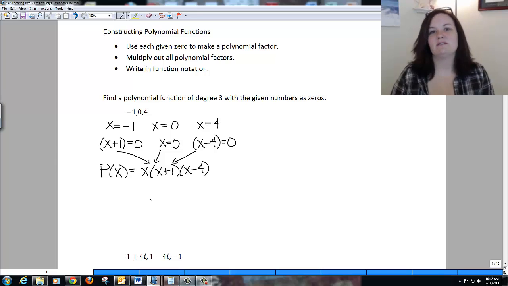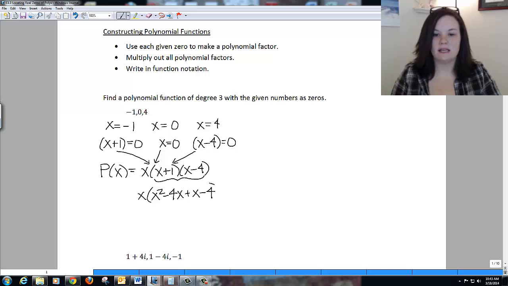Now all I have to do is FOIL it all out, distribute, and combine like terms. So I'm going to go ahead and FOIL out these two, and then I'll distribute my x in. When I FOIL here, x times x is x squared, x times -4 is -4x, 1 times x is x, and 1 times -4 is -4.